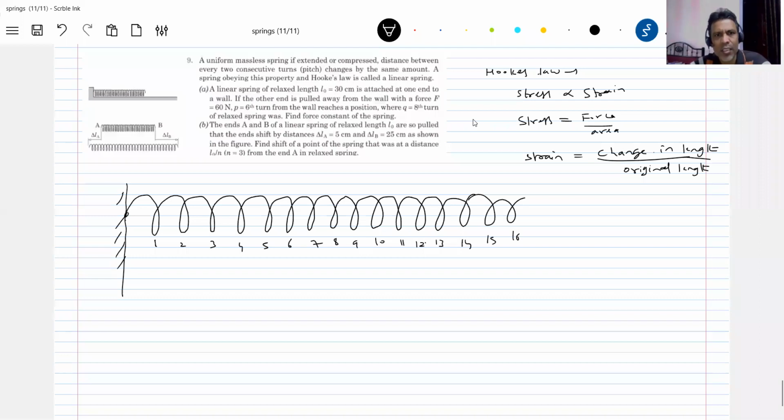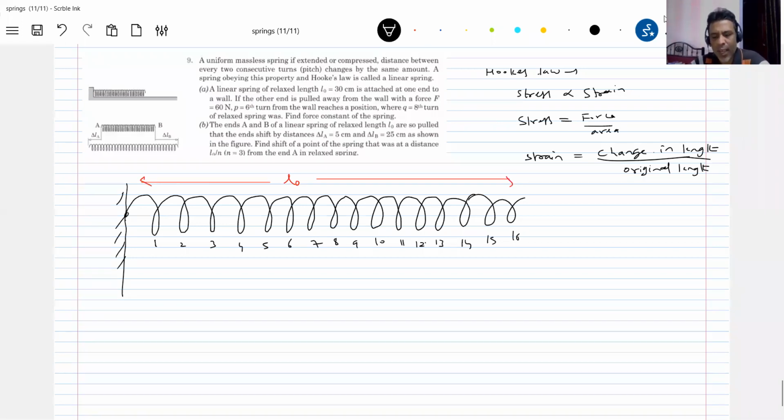Now what is the question? A linear spring of relaxed length L naught. So what is the length of the spring? Let it be L naught. Let's assume that some 16 turns are there.